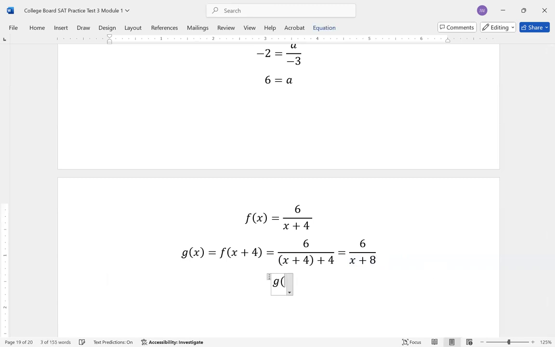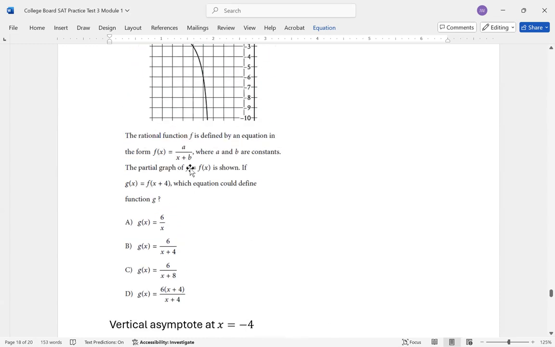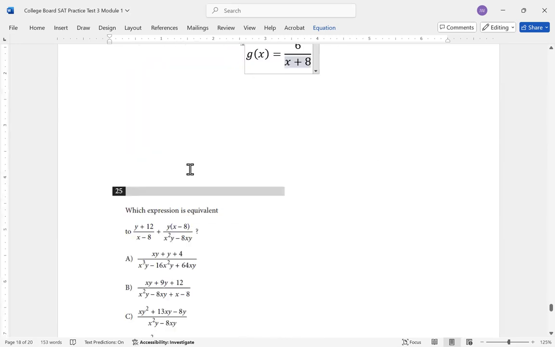G of x is equal to the rational function 6 divided by x plus 8. And now we go back and look at our options. It's pretty clear that option C is the correct answer because that's the only one that has g of x equaling 6 divided by x plus 8. So C is the answer to question 24.